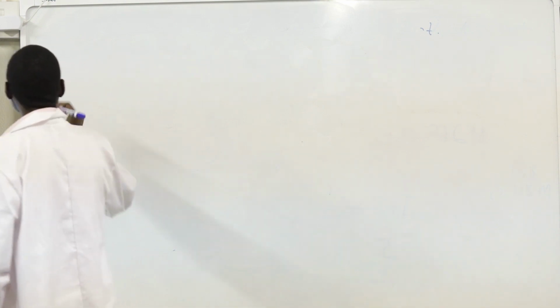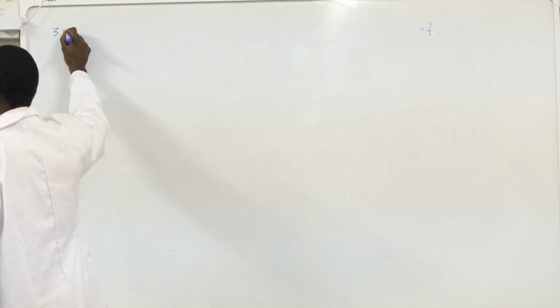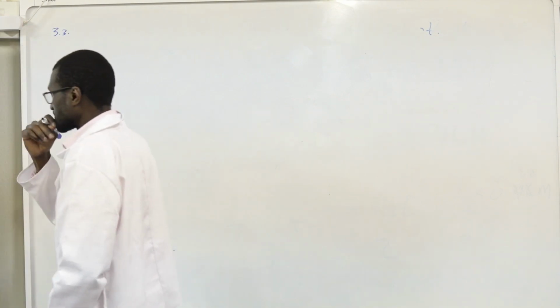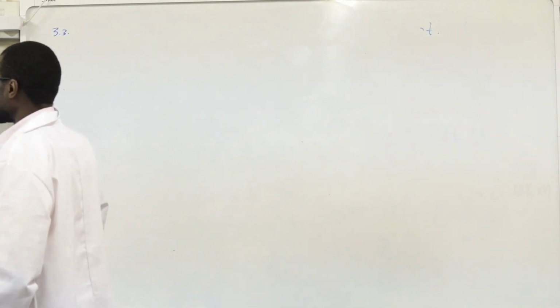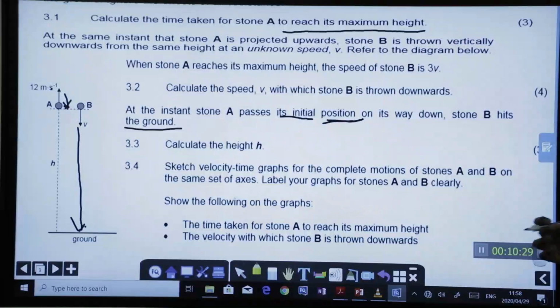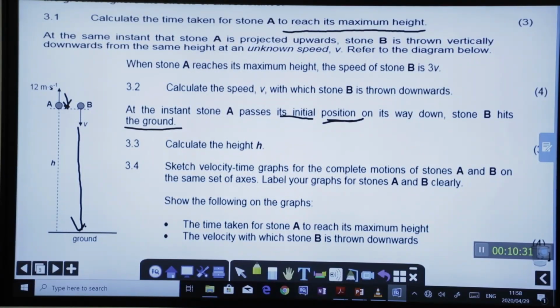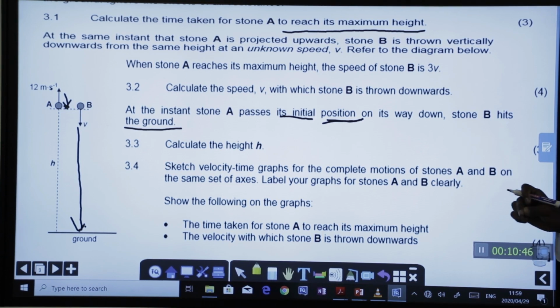At the same time, 3.3. All right, what information do we know? Look at the question. At the instant that stone A passes its position on its way down, stone B hits the ground.